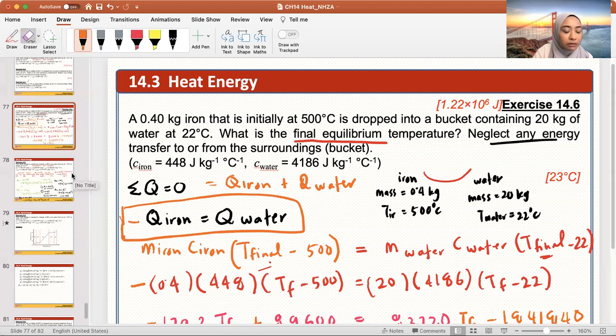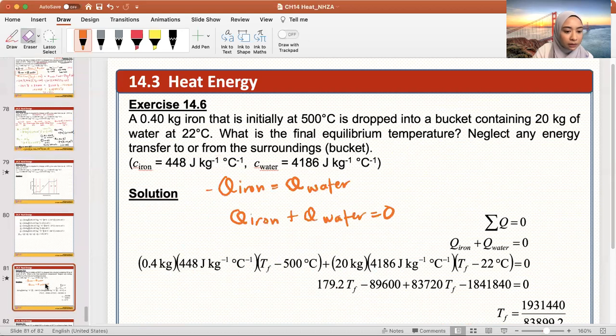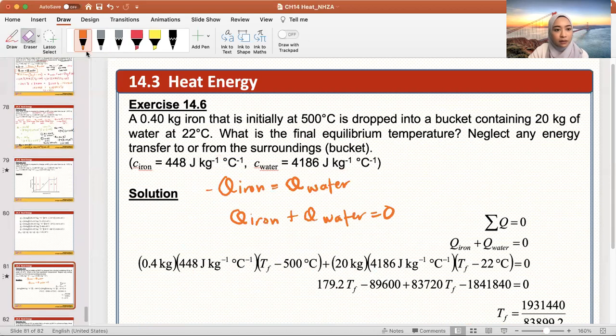Okay, let me recap that for you guys, if I confused you. Q iron, which is the substance that is releasing the heat, becomes negative. This is the heat loss. This is the heat gain.